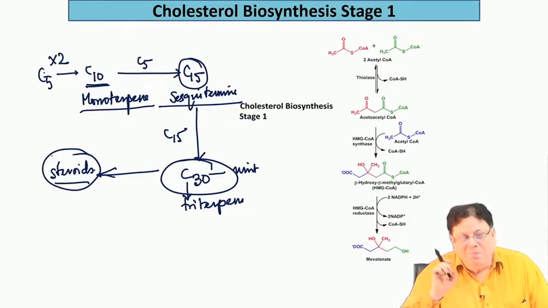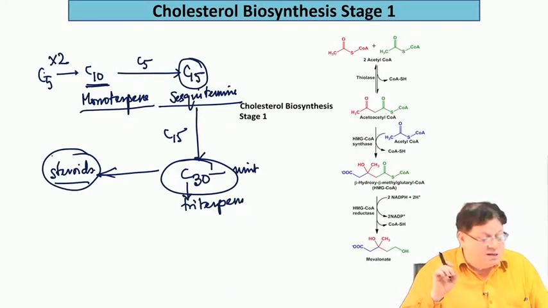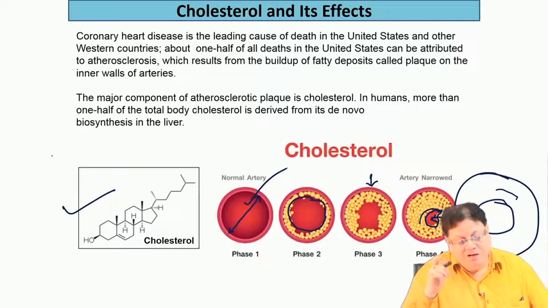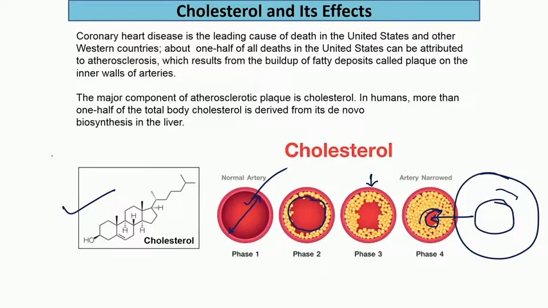But there may be some cases where the carbon count is less than 30. I should also warn you that cholesterol has a side chain here. It may be possible that this is totally oxidized by the system and it ultimately becomes an OH or ketone here, then you do not have 30 carbons, but you see the precursor is 30 carbon.